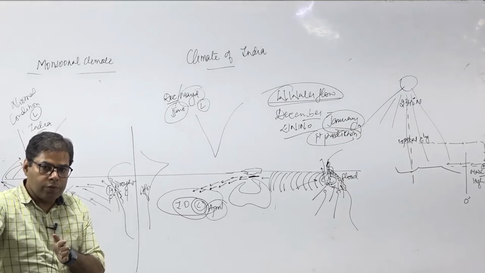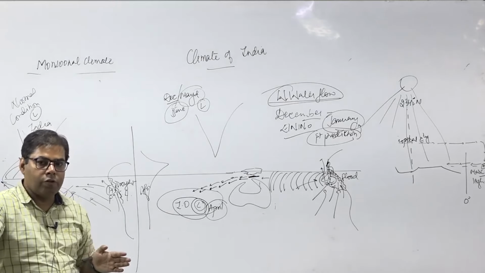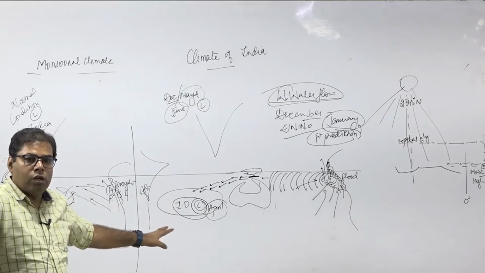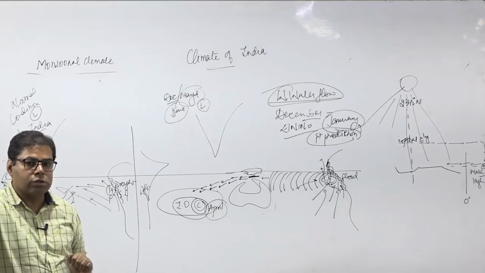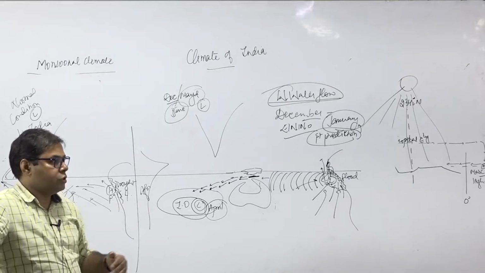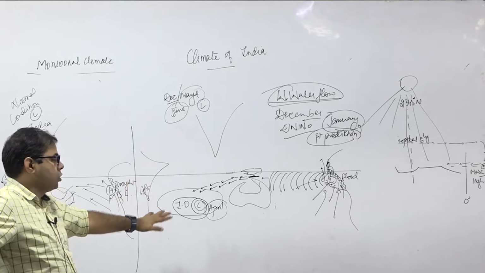But the arrival of El Nino at the end of March and April has further maintained the low pressure and the high temperature in the Indian Ocean. So that will delay the transformation from low pressure to high pressure.